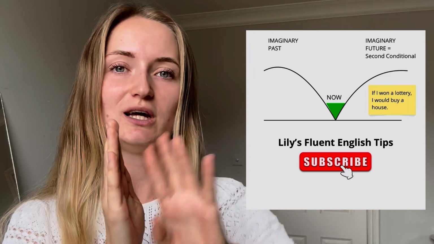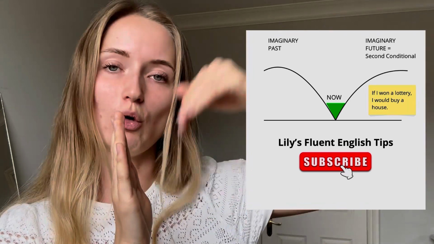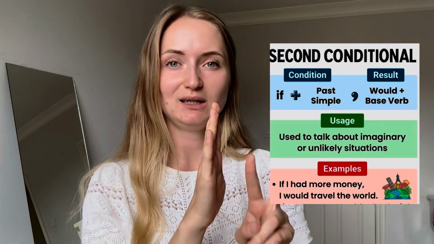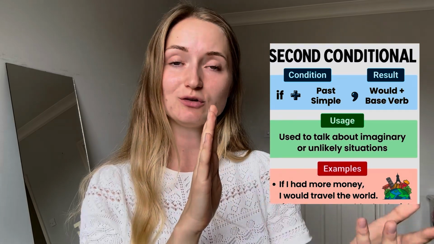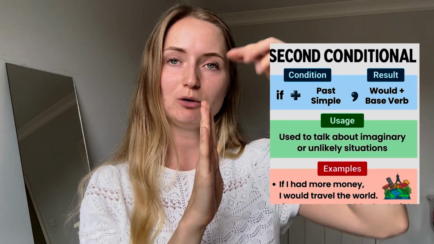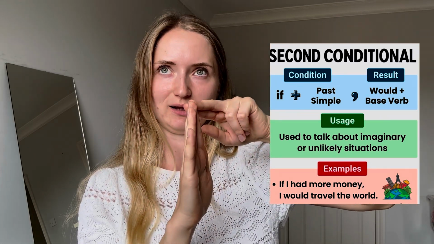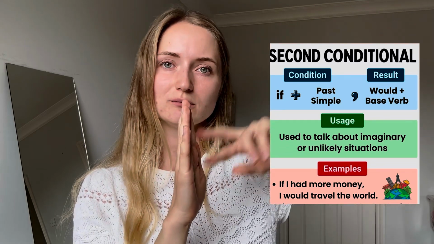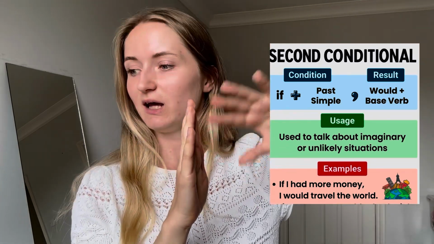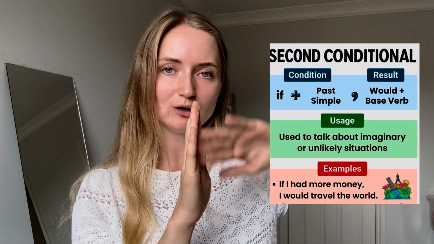Second conditional is always looking ahead or at the present moment. Another example, if they sold their house, they would be rich. So maybe right now they're thinking about selling their house. If they sold it in the future, right, they would be rich. So we're looking ahead. Looking ahead, imagination is second conditional.